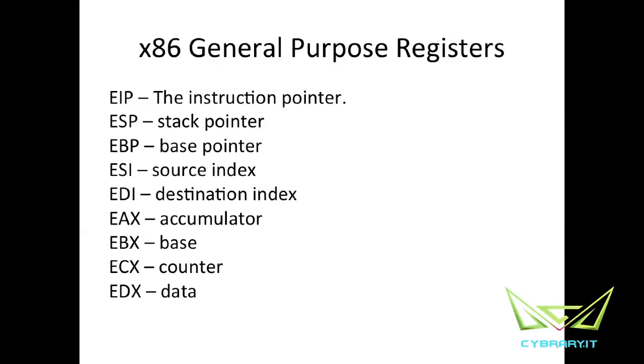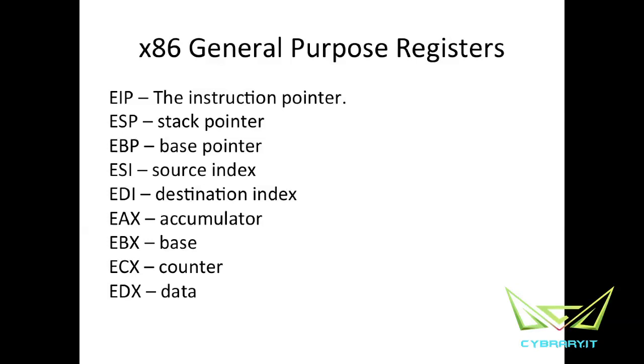We have ESP and EBP, the extended stack pointer and extended base pointer. Those are the top and the bottom of the stack respectively, ESP pointing to the current stack frame's top, or lowest memory address, because remember the stack is basically upside down, and EBP, the base, is the bottom, or the highest memory address, so it keeps track of where in memory our stack frame is.